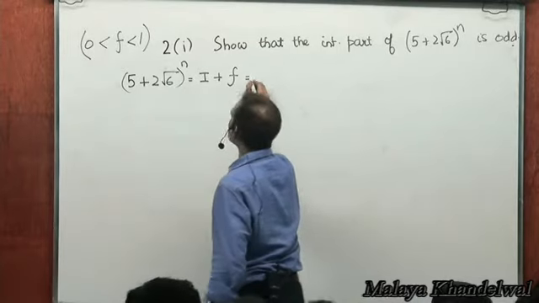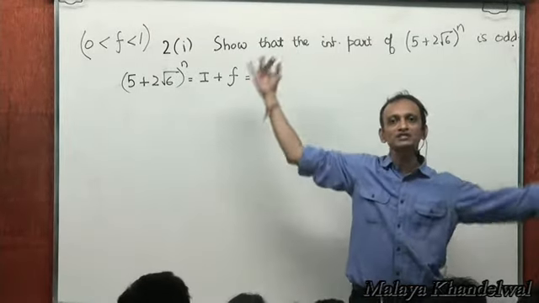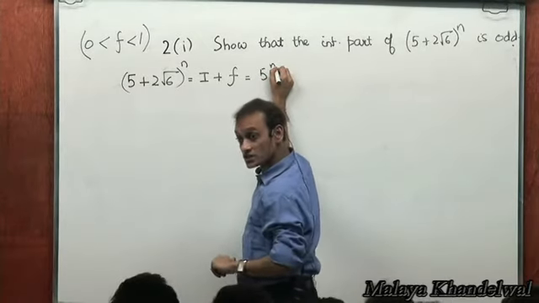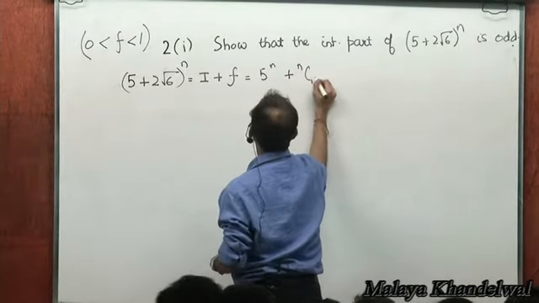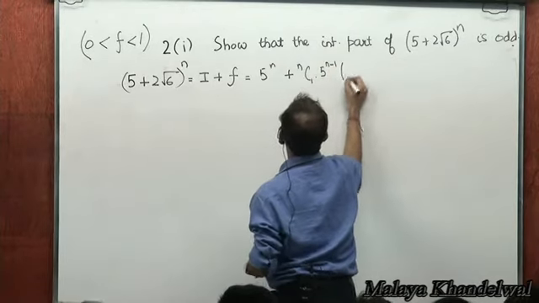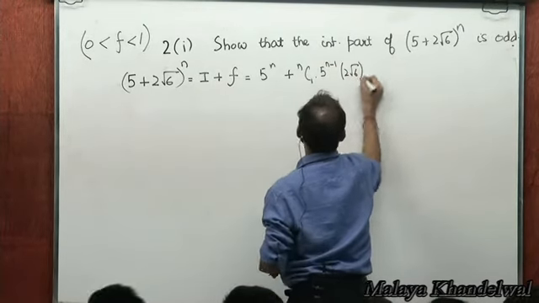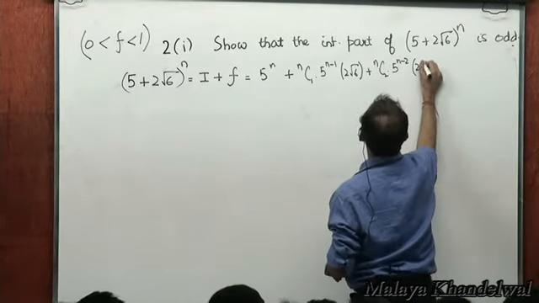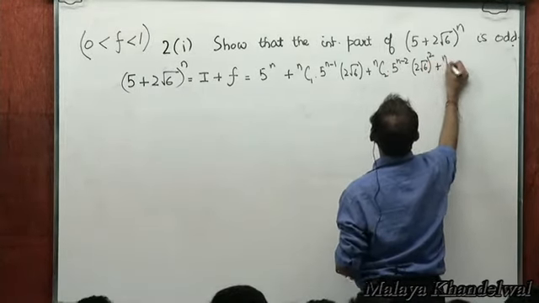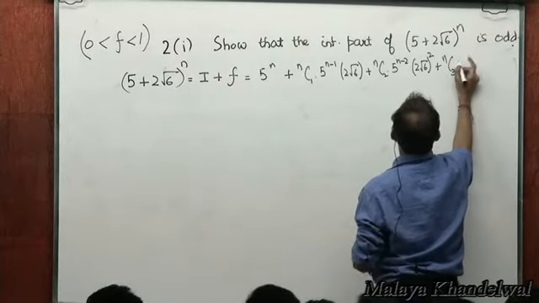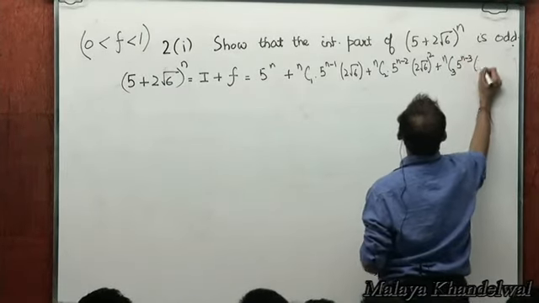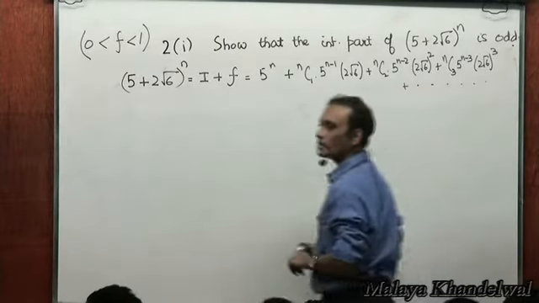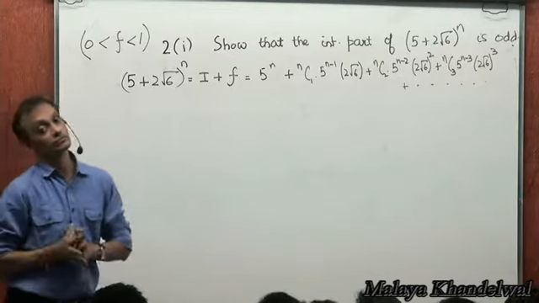Now if I choose to expand this binomially, it's going to be 5 to the power n as the first term, plus nC1 5 to the power n minus 1 times 2 root 6, plus nC2 5 to the power n minus 2 times (2 root 6) whole squared, nC3 5 to the power n minus 3 times (2 root 6) whole cubed, etc., up to n plus 1 terms in the expansion, right?